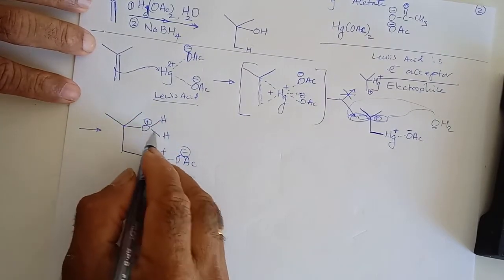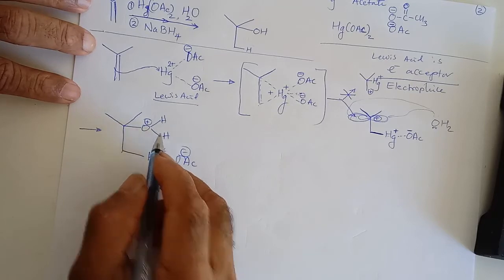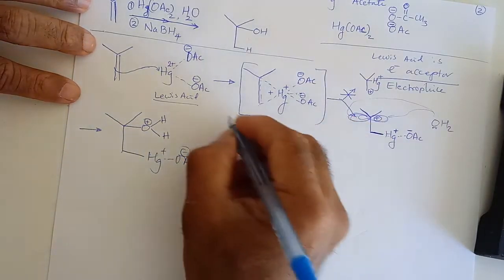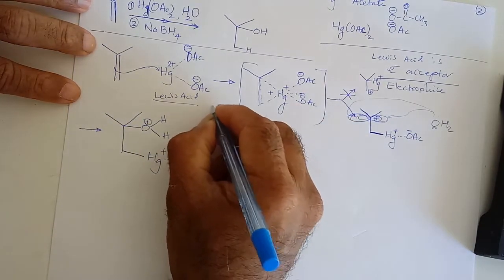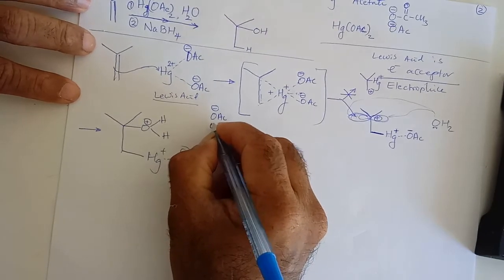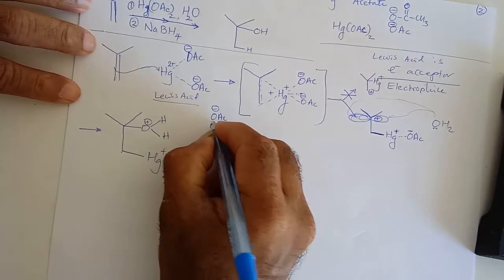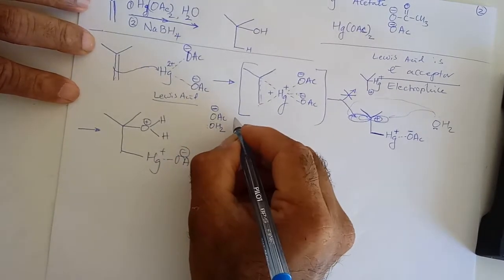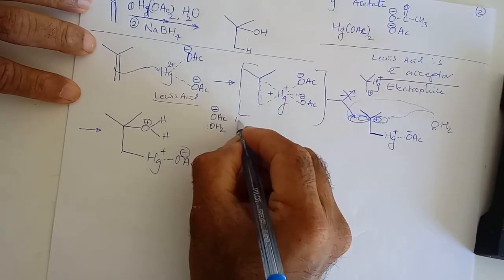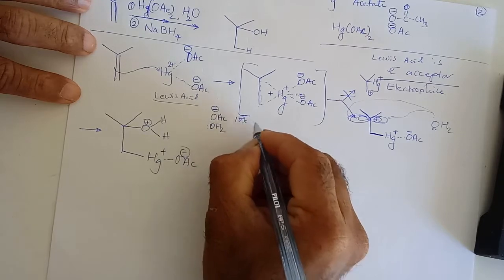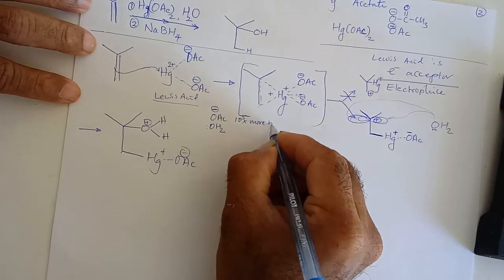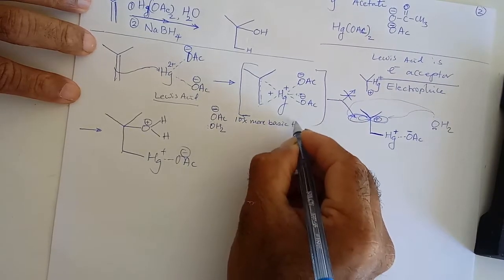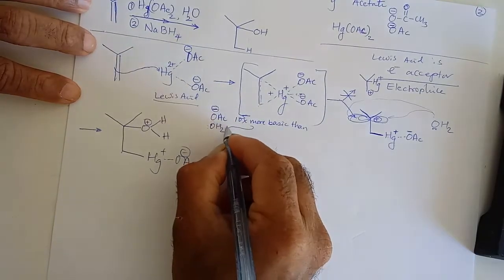Somebody has to come get one of the hydrogens. Now the two candidates we have are that OAc and the other one is OH2. And by pKa, we know this is going to be 10 to the 5 times more basic than water.